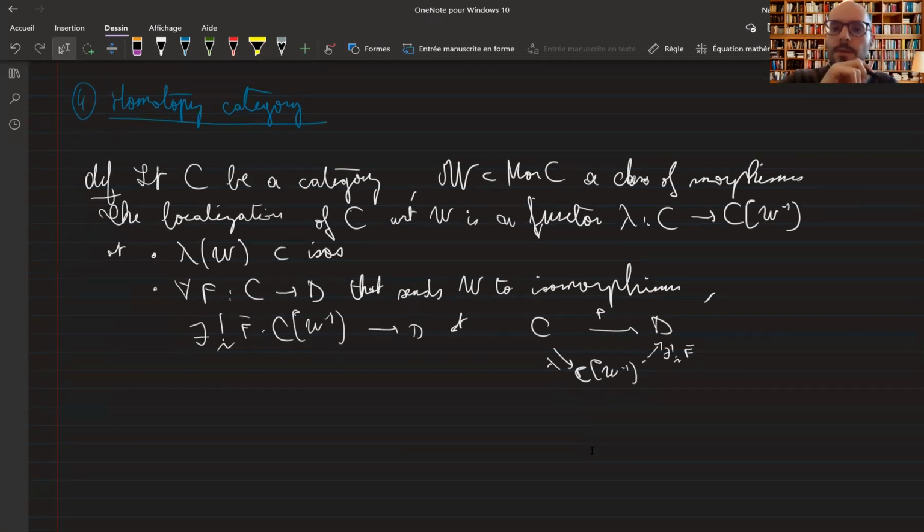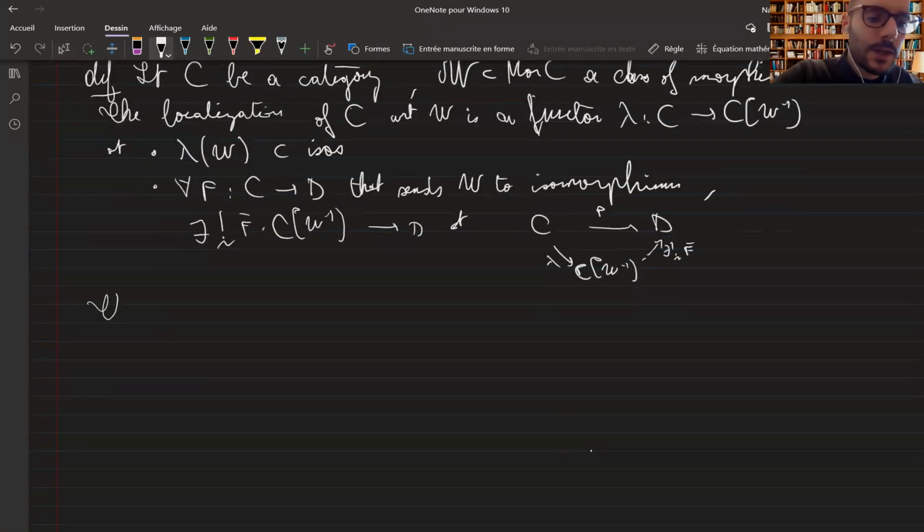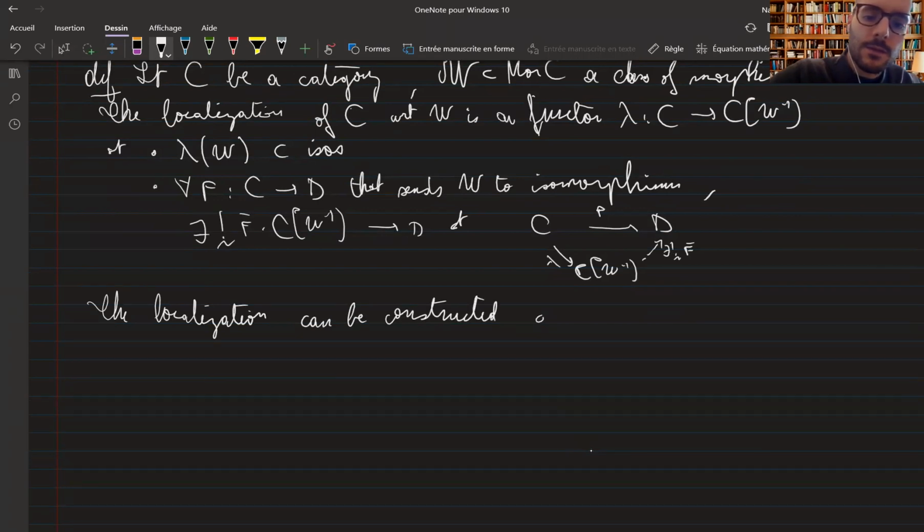As you saw in the previous lecture, there is a way to construct this localization. The localization can be constructed as follows.